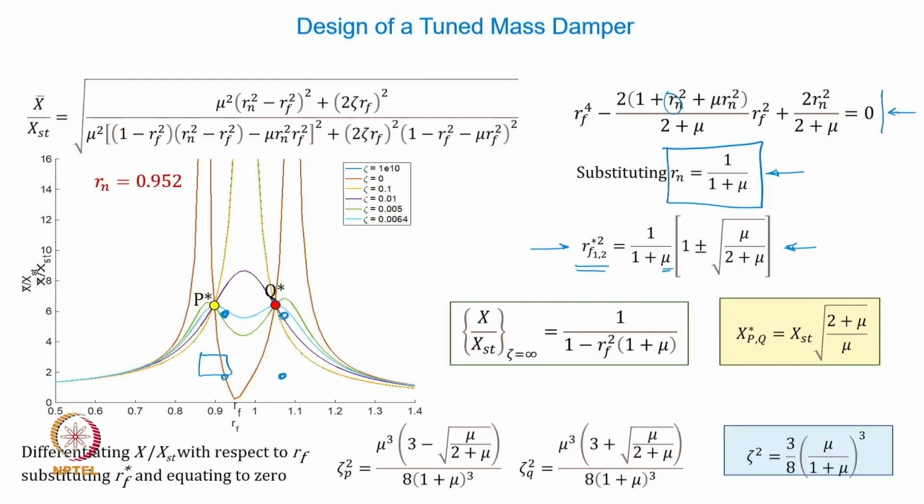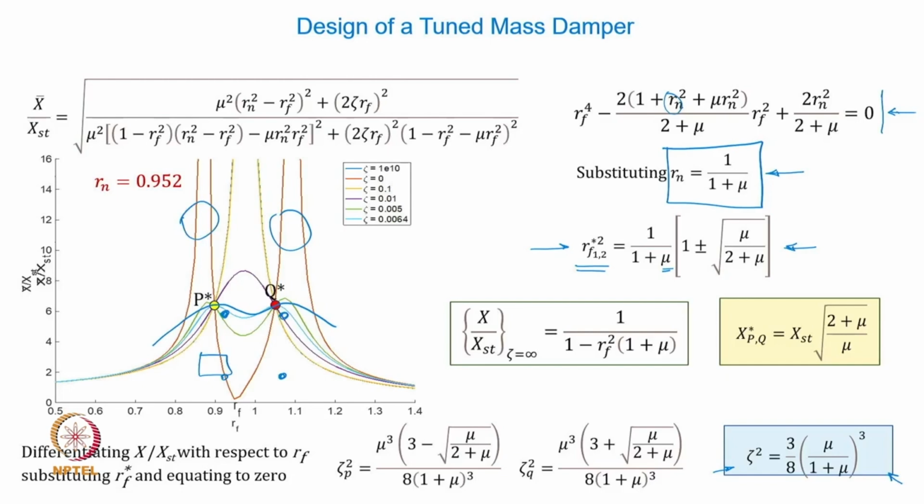So it is possible to show that the optimized value or expression for zeta is given by this expression. The moment you use an optimized damping ratio based on this expression, you will have more or less zero slope at both P star and Q star, and then you will have a much lower vibration response over a wide operating speed range, and you don't really have to worry about the kind of resonances which are generated by attaching the absorber.